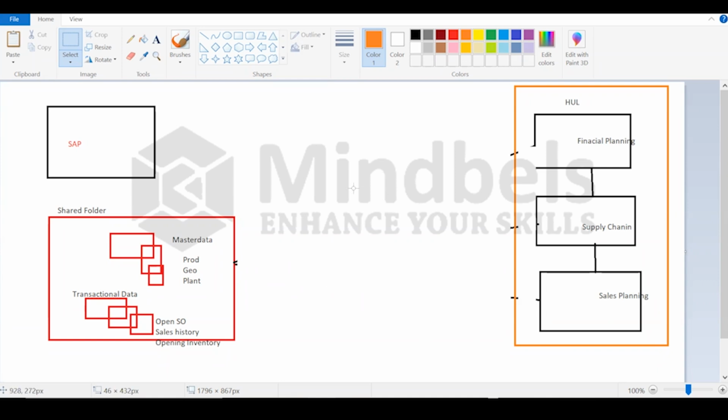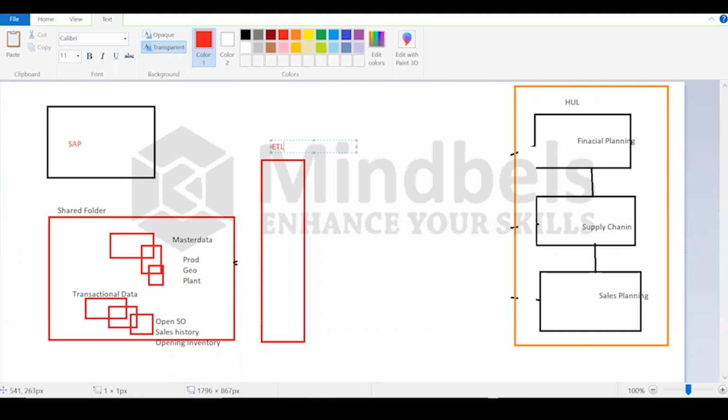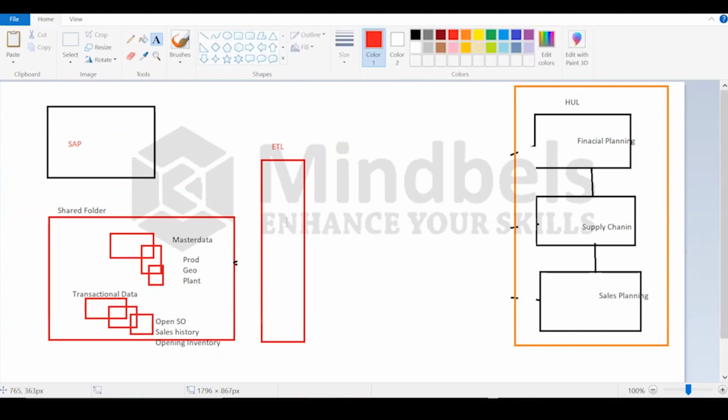So in between, we would be having an ETL connector, right? Now, let's say we need some ETL here. So what is an ETL? Extract, transformation, and load. Right. So this is my ETL. In ETL, the ETL connector will simply extract this product data, the geographic data, the plan data, and similarly the transaction data.